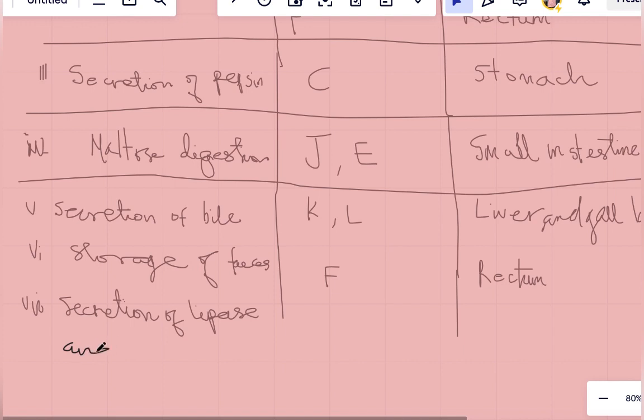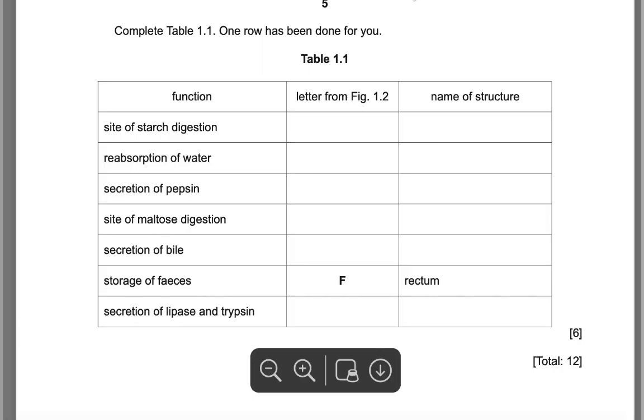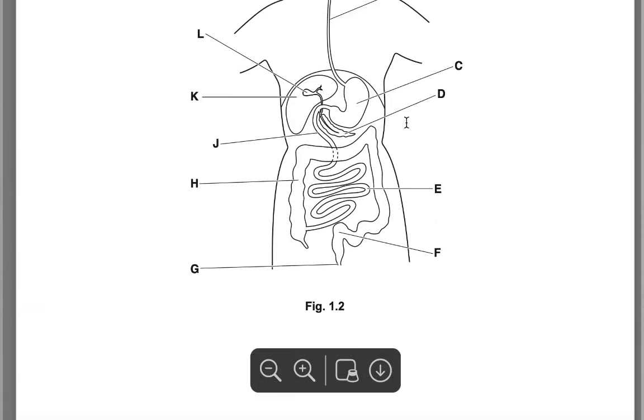Secretion of lipase and trypsin. It takes place in where? In the pancreas. So let's go look for pancreas in the diagram. Let's look for pancreas.